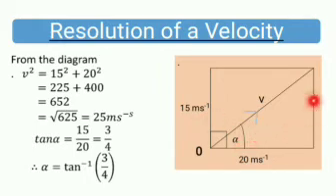We have the opposite to be 15, and the adjacent to be 20. The opposite is 15 because this side here is also 15. So that's why the opposite here is also 15, because this line and this line are the same.